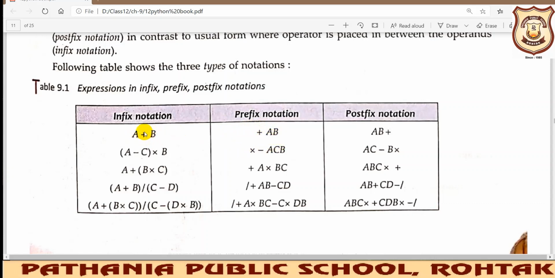If the operator is plus, instead of writing it in between the two operands, in prefix notation we will be writing this operator before the two operands, like this. Okay, postfix expression says the operator should be after the two operands.